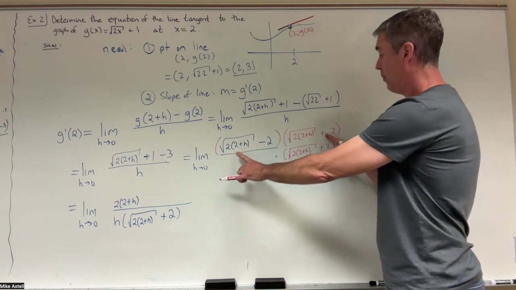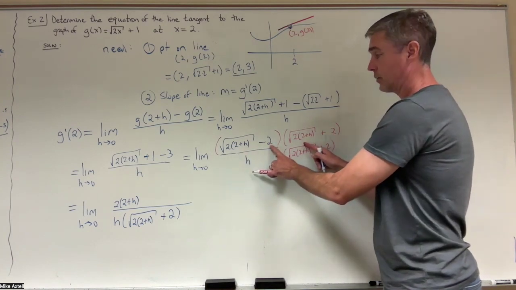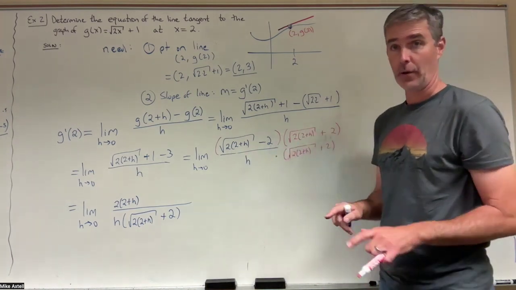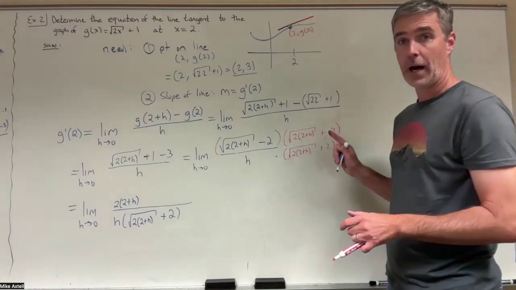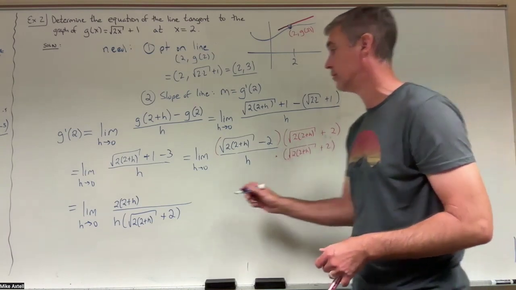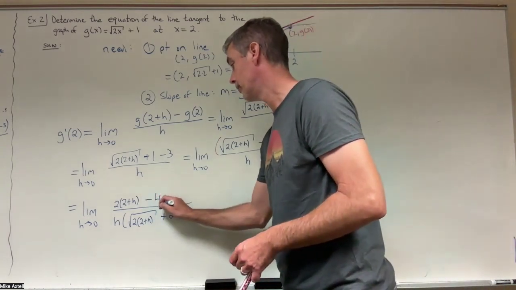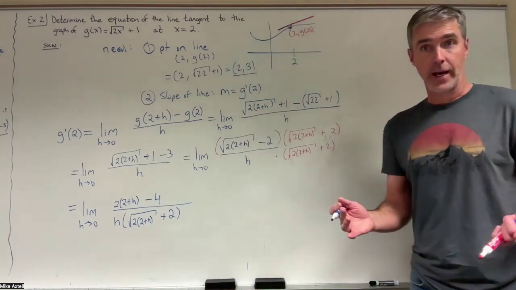Because look, I've got positive 2 times the square root, and then I've got negative 2 times the square root. So those two cancel each other out. I'm not even going to write them down. And then I have negative 2 times positive 2 for the last of the FOILings. So negative 2 times positive 2 is a negative 4.